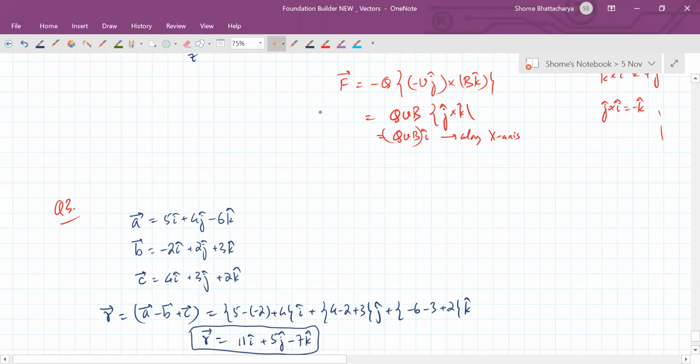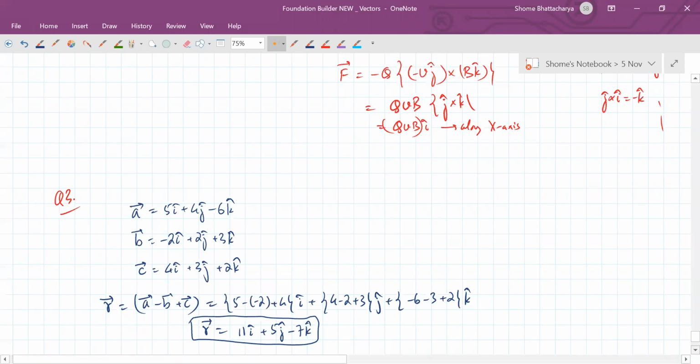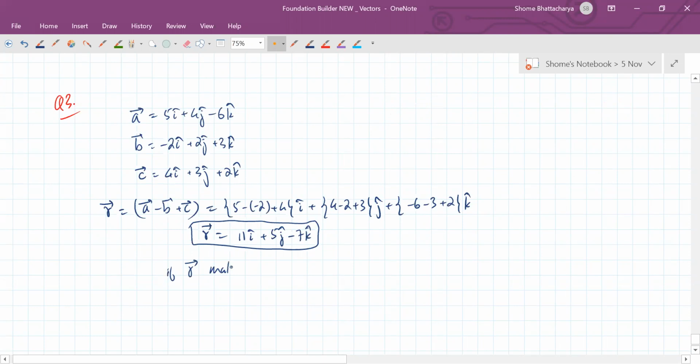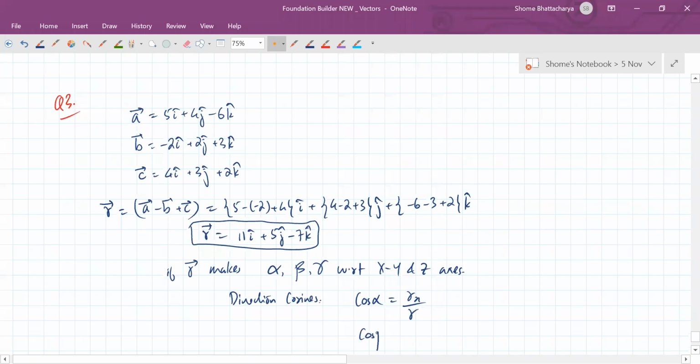Now for example you have to find the angle of r with respect to some axis or something. Just use direction cosine. So now if the vector r makes alpha, beta and gamma with respect to the x, y and z axes, you know the direction cosines: cos alpha is x component divided by mod r, cos beta is y component divided by mod r.